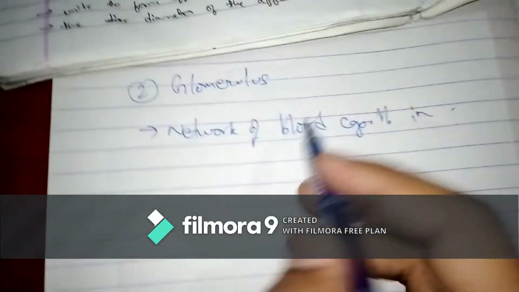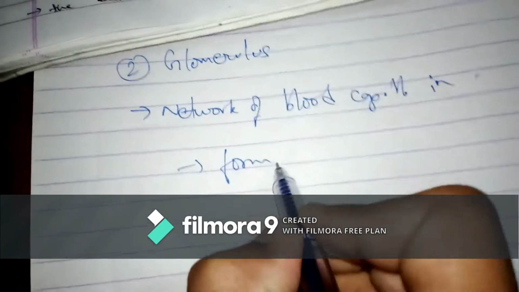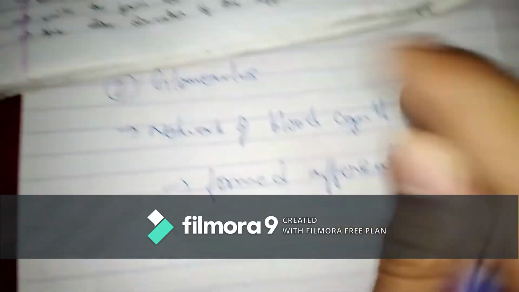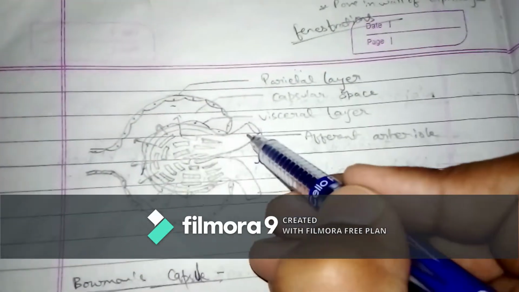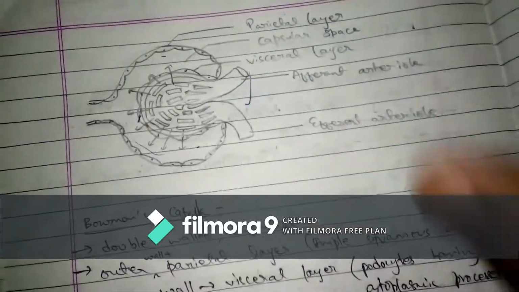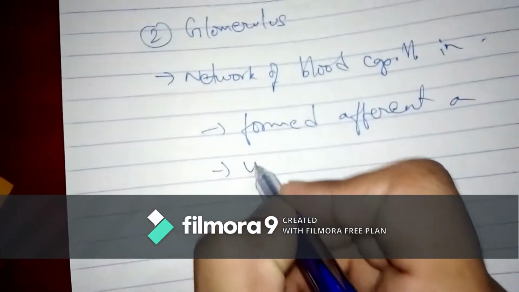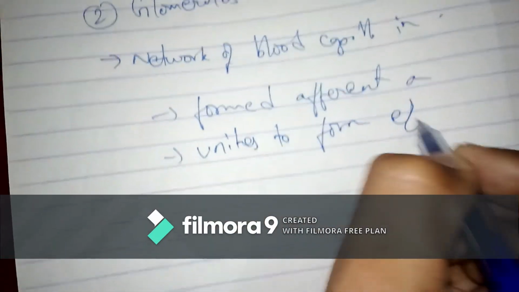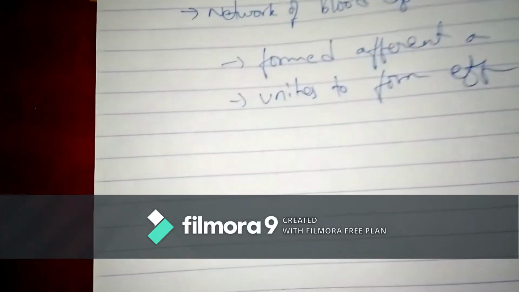Basically, the glomerulus is formed by the afferent arteriole. This is the arteriole; it enters and forms the glomerulus, and all the glomerular capillaries unite to form the efferent arteriole. In this way we'll write certain points, and that will be enough for marks.